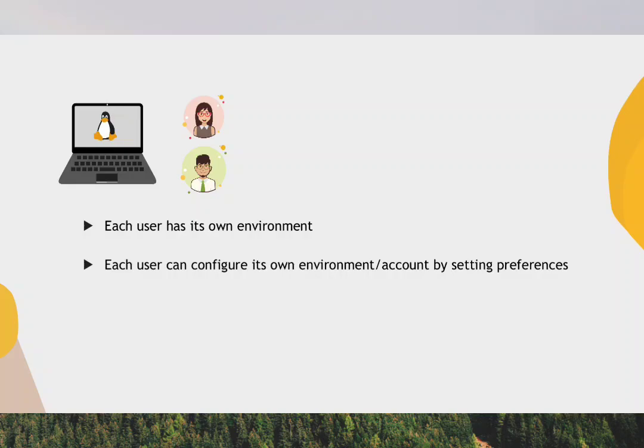So each user has its own environment where it works and executes stuff. And as you know, as a user, you can configure your space, your account basically on an operating system by setting different preferences. Maybe you want a certain graphic user interface layout. You want the font to be bigger, you want different colors, you can configure all of that.